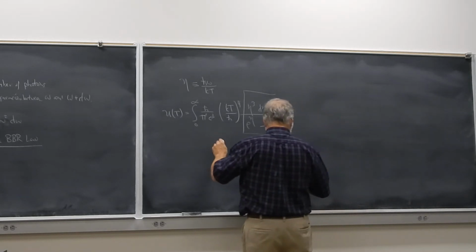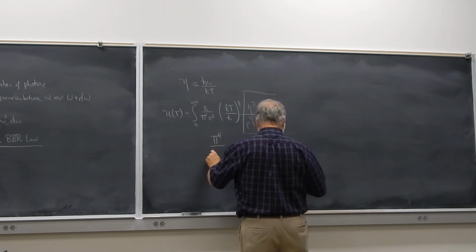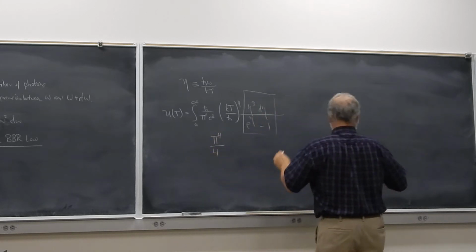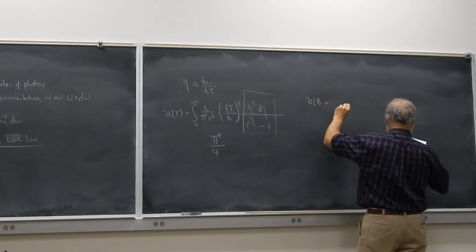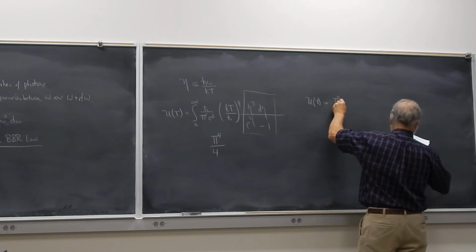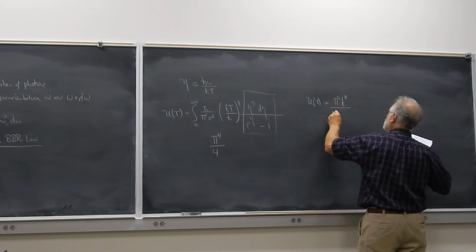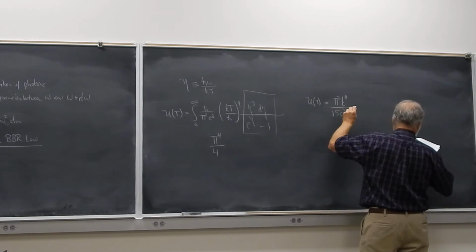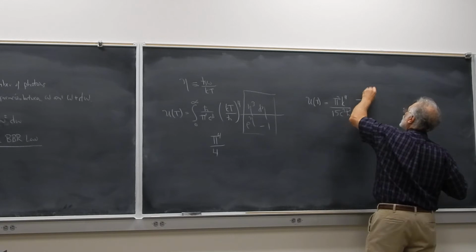The value of that integral is pi to the 4th over 15. So my expression becomes u of T is equal to pi squared Boltzmann's constant to the 4th over 15 c cubed h bar cubed, times T to the 4th.